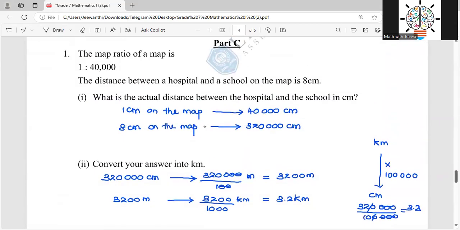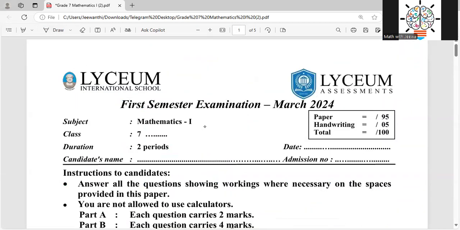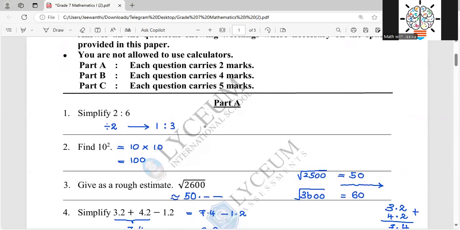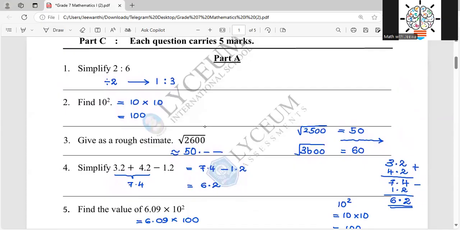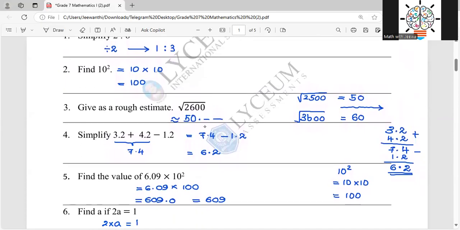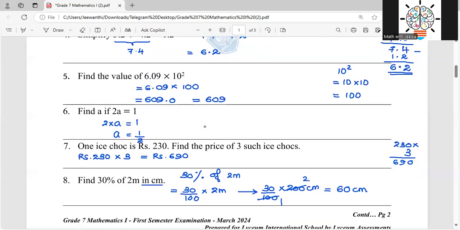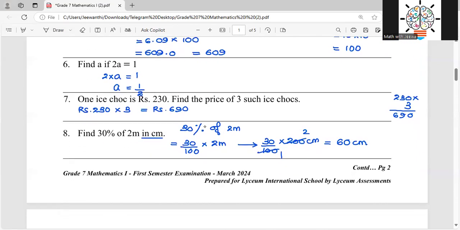Now I will go through everything from the beginning slowly. Now you just see how the teacher has written the answers, how I have shown the workings, right? So you just see to get the full marks. This is how you want to show the steps and write the answers.